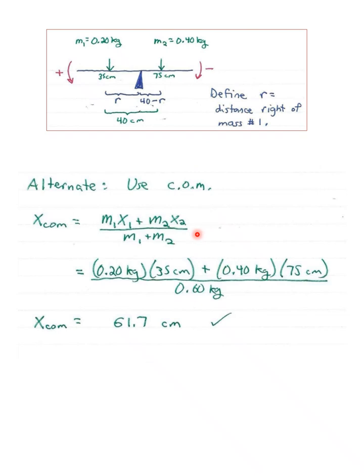So we do the first mass times its position at the 35 centimeter mark, plus the second mass times its position at the 75 centimeter mark, divided by the sum of the masses, 0.6 kilograms, and we get that the center of mass is at 61.7 centimeters, and that's where we need to put the fulcrum.